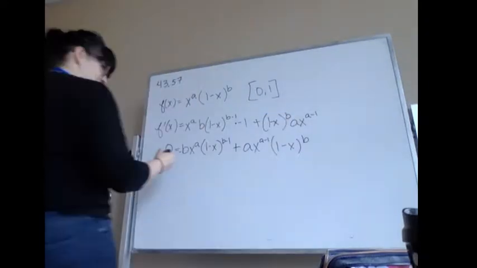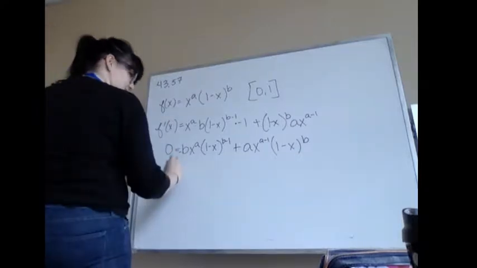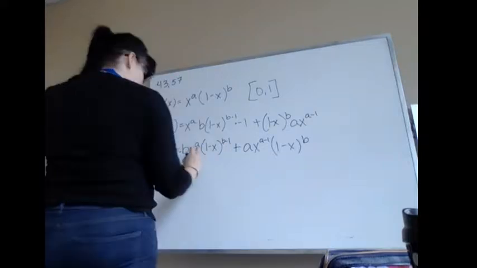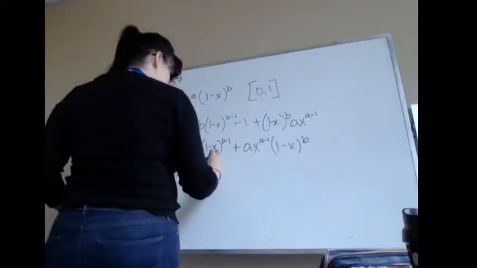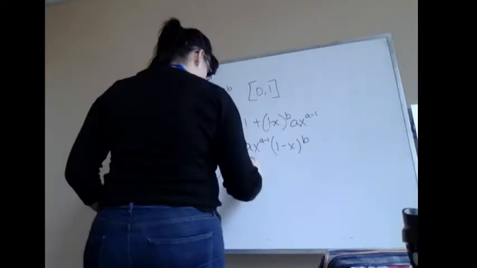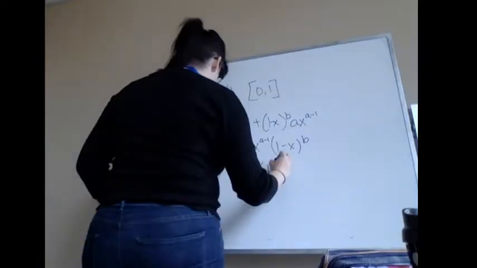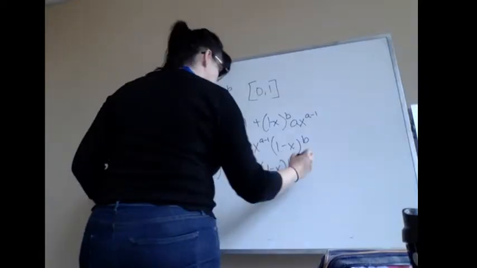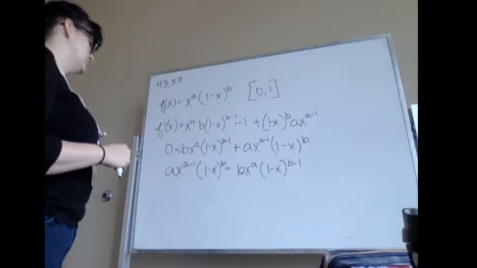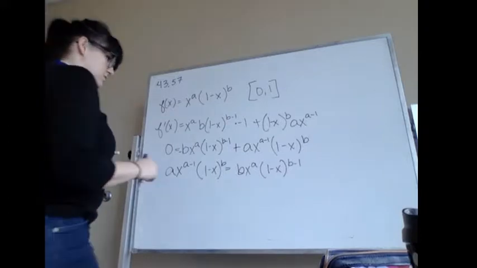So a x to the a minus 1 times 1 minus x to the b equals b x to the a times 1 minus x to the b minus 1. That make sense? Okay.